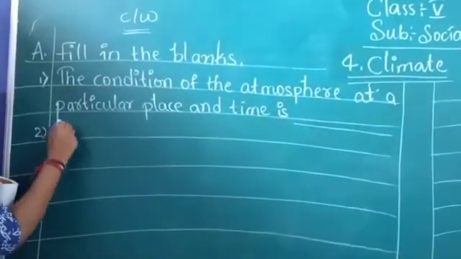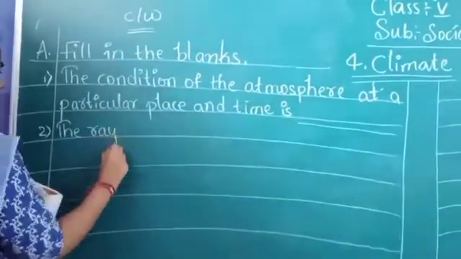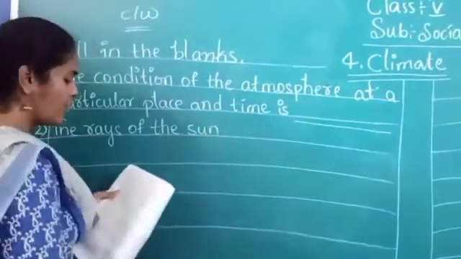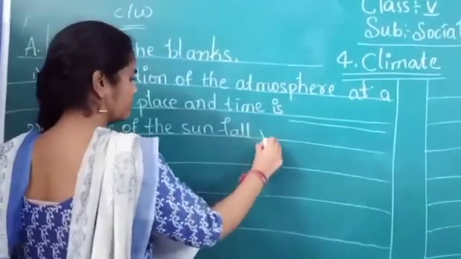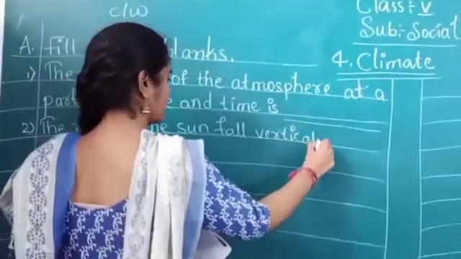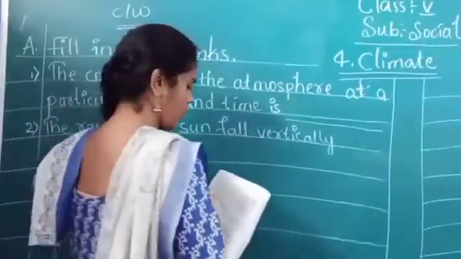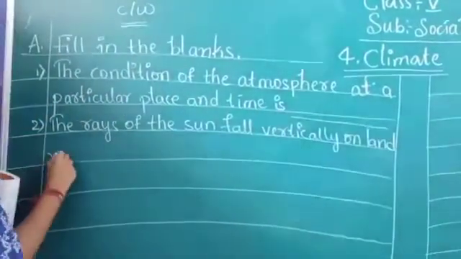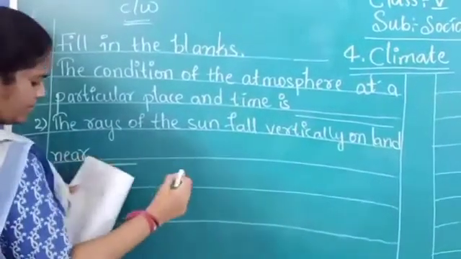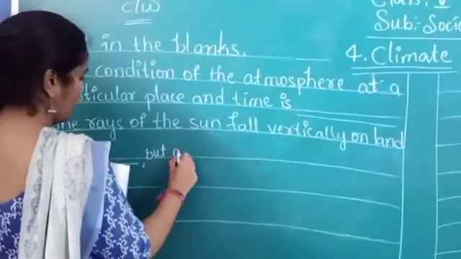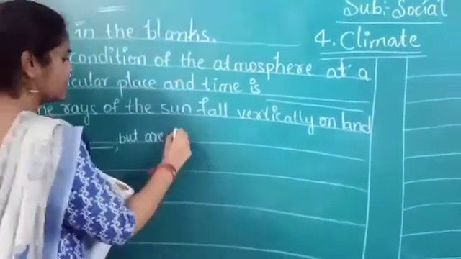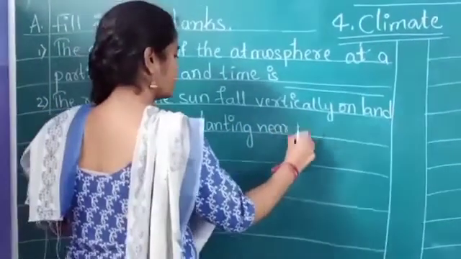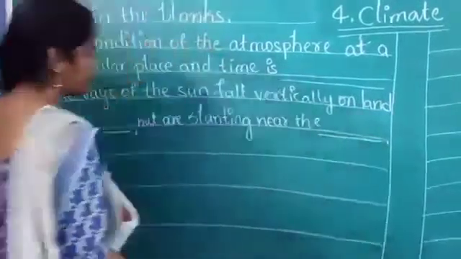The rays of the sun fall vertically on land near the dash, but are slanting near the dash.